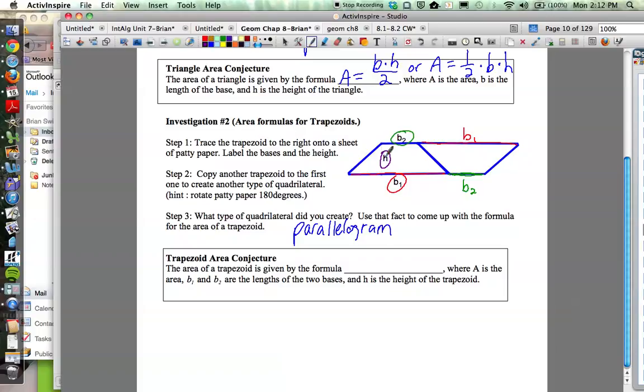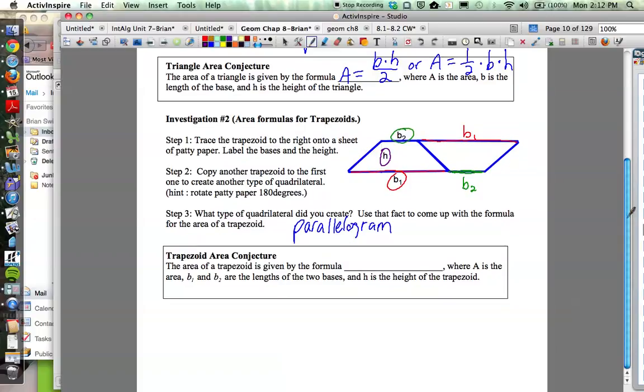But we know that the area of any parallelogram is base times height. Well, not base times height divided by 2, I was thinking about my triangle in the last problem. Base times height. So the base of this parallelogram is made up of base 1 and base 2 of the original trapezoid.